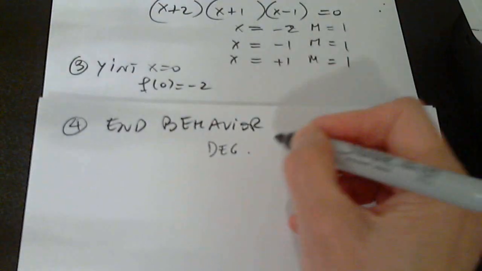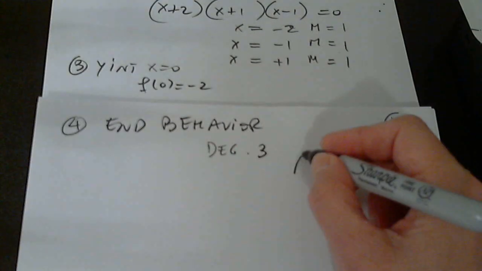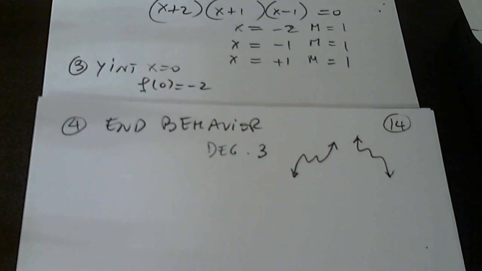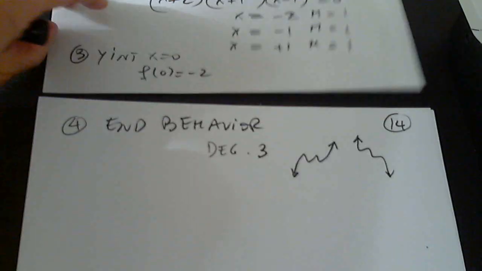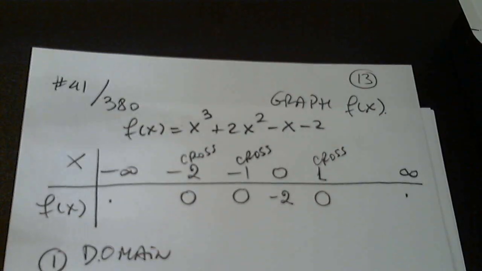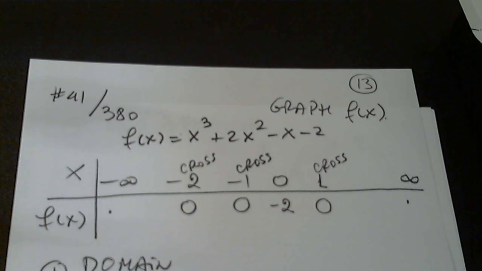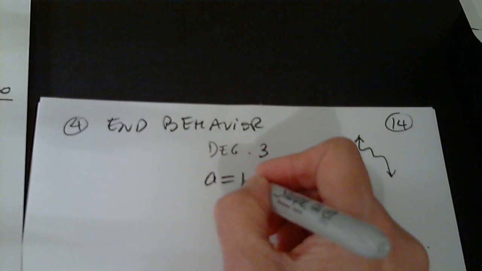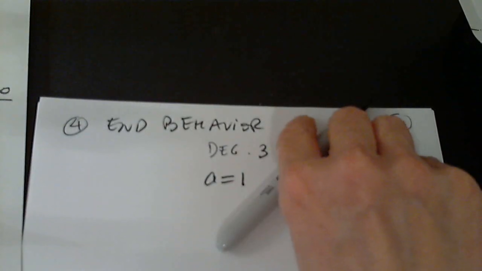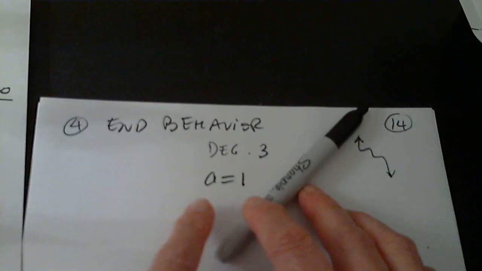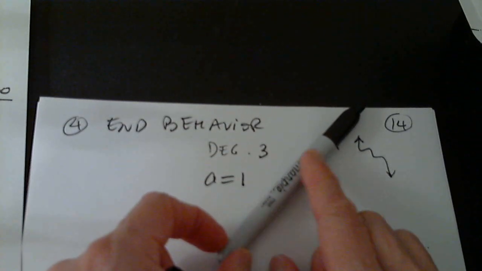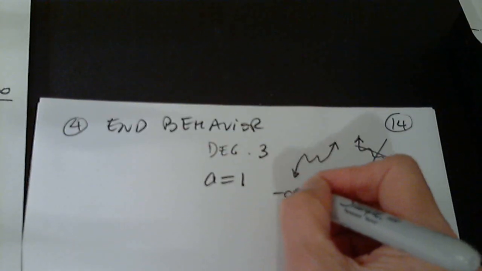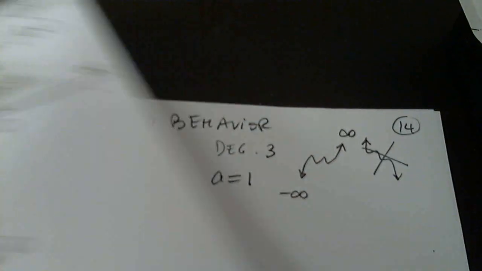Because it's an odd degree, it can do this or this, depending on the leading coefficient. Now, what is the leading coefficient equal to? 1. Indeed. a is 1, which means this. Because if I were to graph a linear function, I would graph it like this, not this. So the end behavior is from negative infinity to infinity.